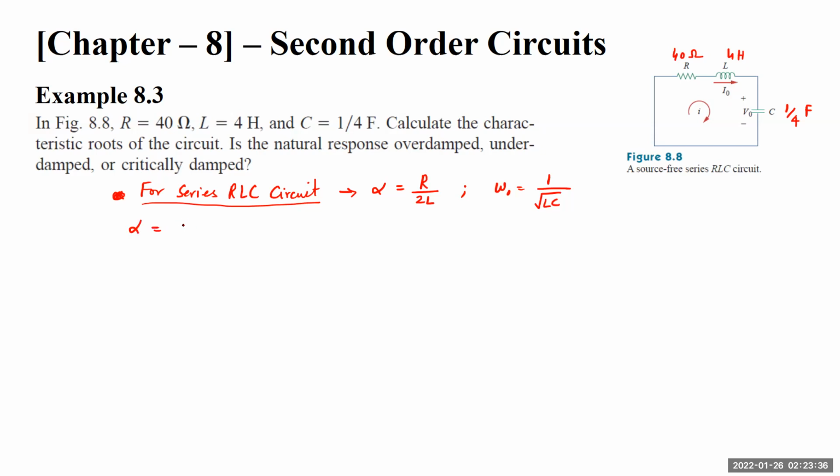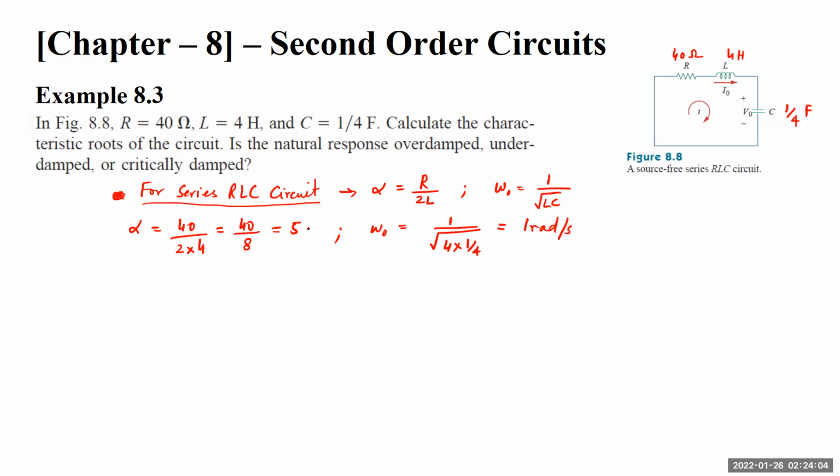Alpha is 40 divided by 2 times the inductance, which is 4. So 40 divided by 8, we get 5. So alpha is 5, and our omega naught is 1 by the square root of inductance 4 times capacitance 1 by 4. Omega naught is 1, again in radians per second.